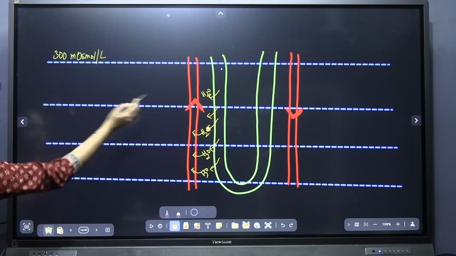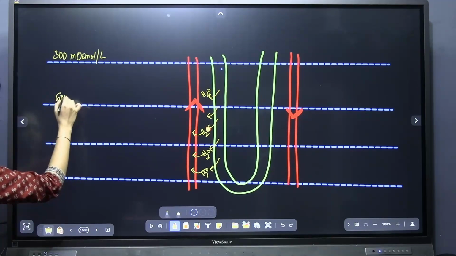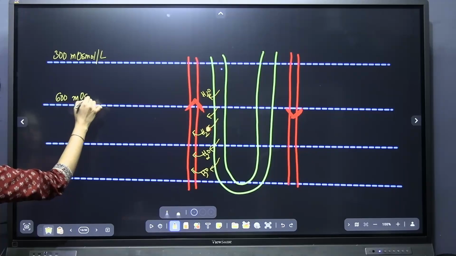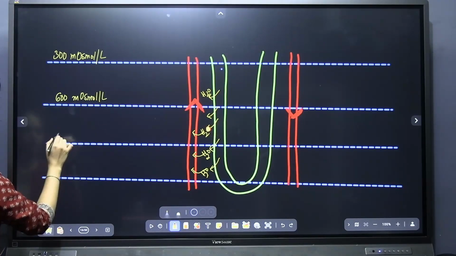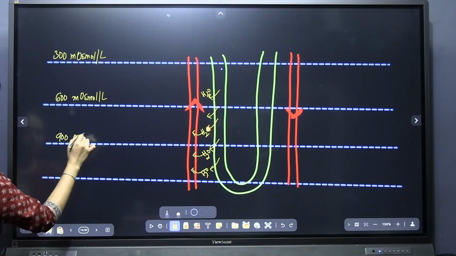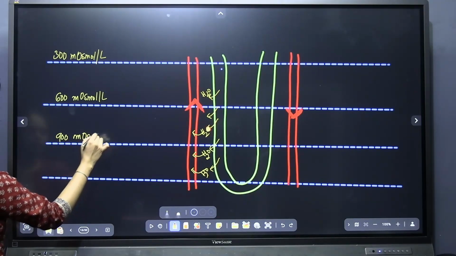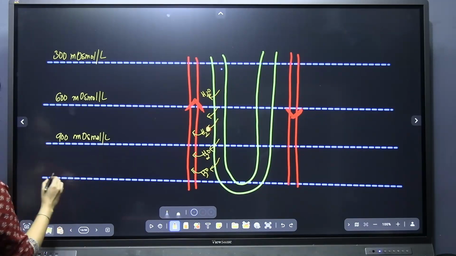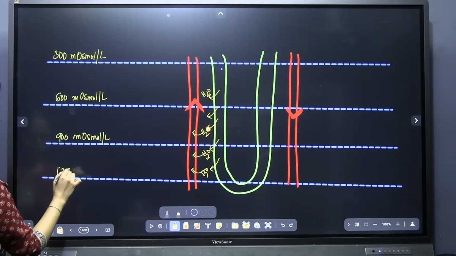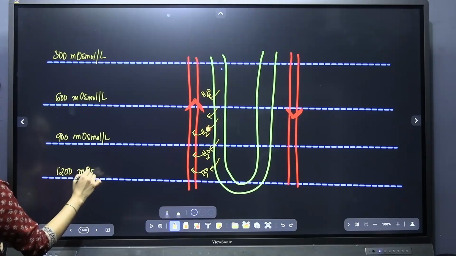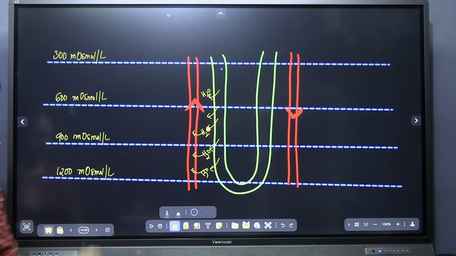So water came out and it became 600 milliosmol per liter. Again water came out, 900 milliosmol per liter. Again water came out, 1200 milliosmol per liter.